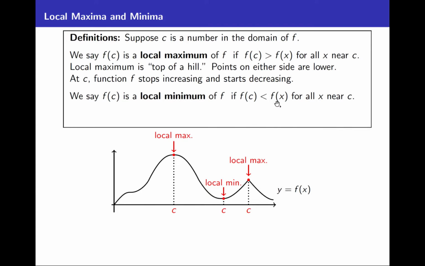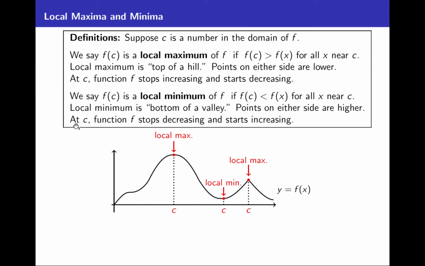So f of c is less than f of x for x that are near c. You could think of a local minimum as the bottom of a valley in your graph. Points on either side of that are higher. Equivalently, at c, the function f stops decreasing and starts increasing at a local minimum.